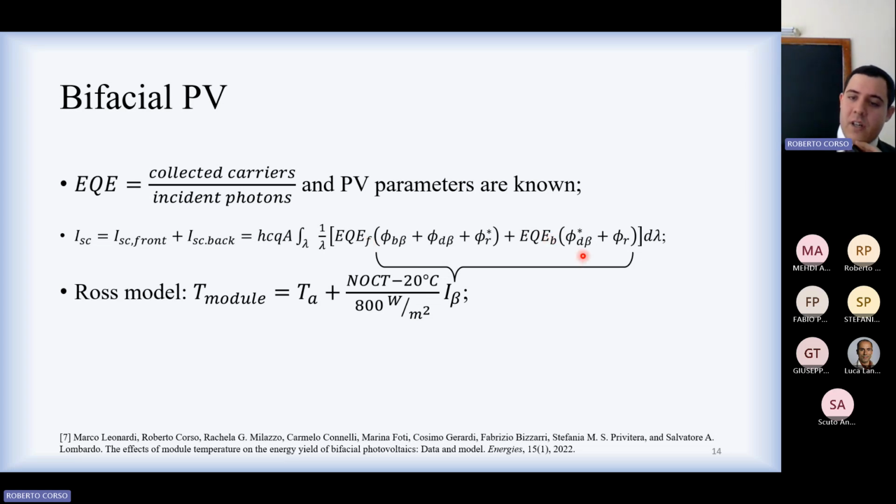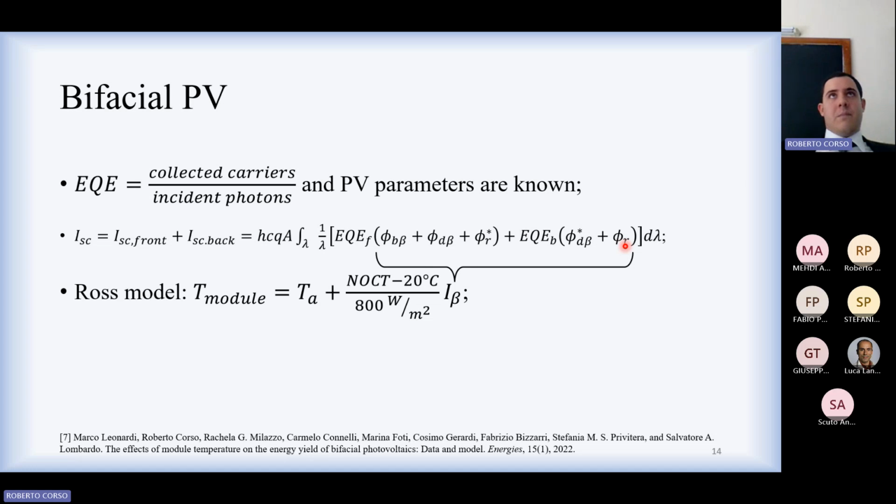Then we have the diffuse component that is impinging on the back of the module. That is the remaining part of the hemisphere, so from theta equal to the tilt angle b to pi, basically. And then we have the reflected component from all those ground elements that are behind the module.